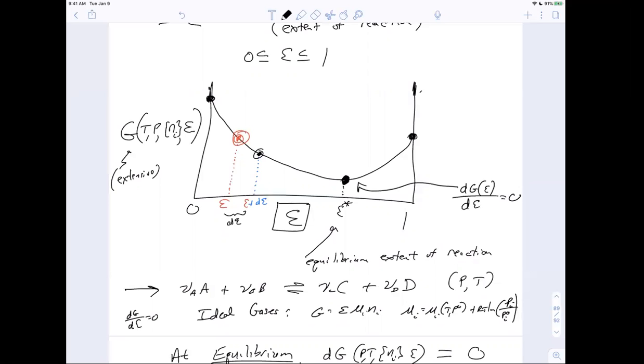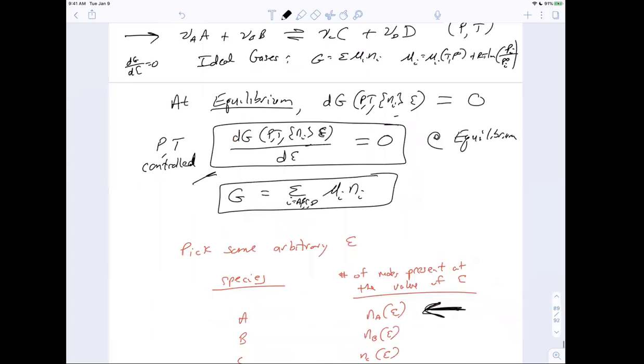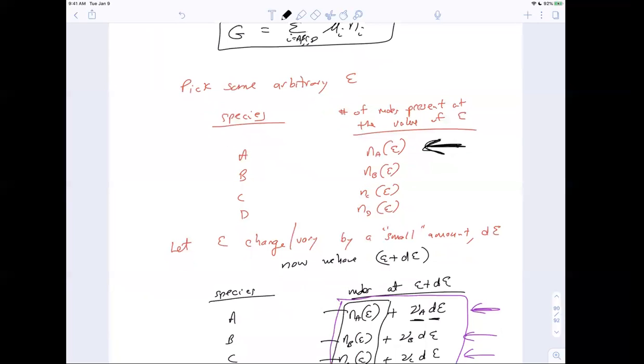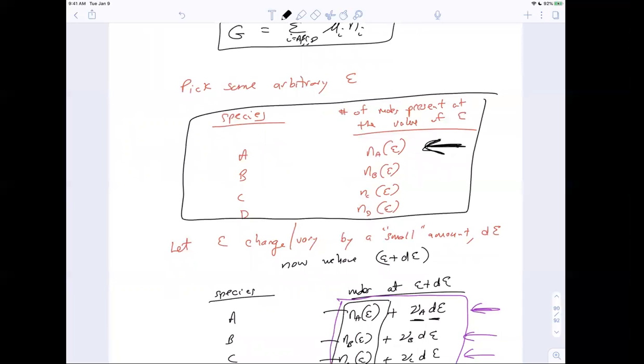And so last class, we started with this table. We said, all right, well, let's just pick some arbitrary epsilon. And we know that at that point, epsilon, we have some number of moles of A, B, C, and D, which are all ideal gases. We label them n_A of epsilon, and so on and so forth.